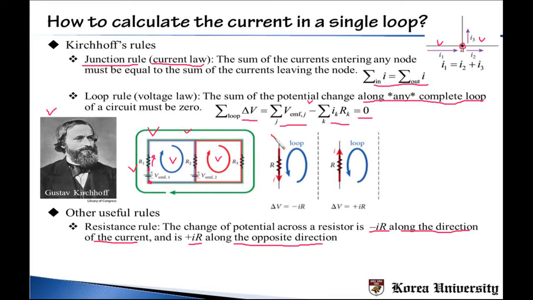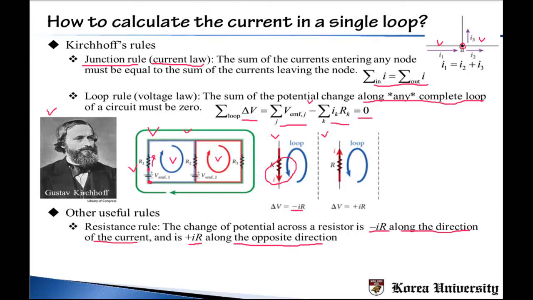Here we assume that the current is going down, and then think about the case when you go around the loop counterclockwise. Here you see the direction of the arrows are the same. Then, of course, in this case, the potential change across the resistor will be minus IR. But now in a different case, let's suppose you assume the current to be going up.